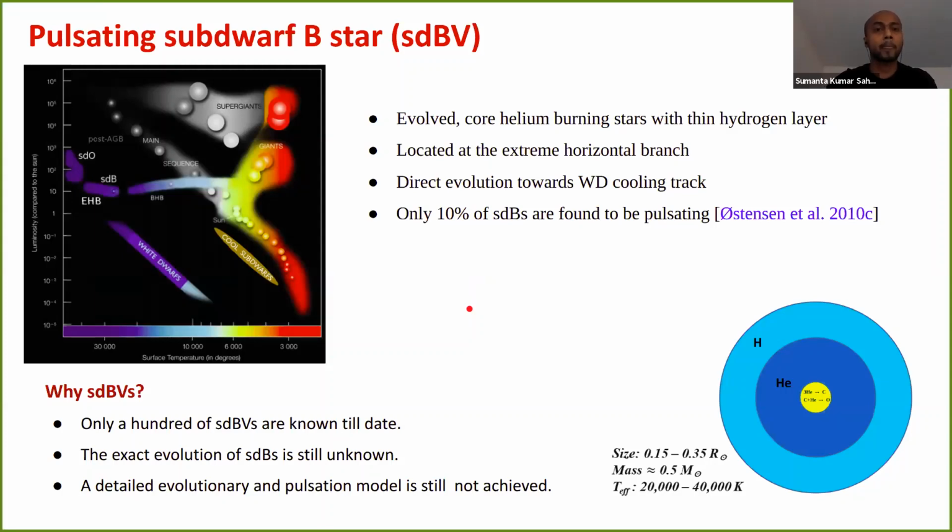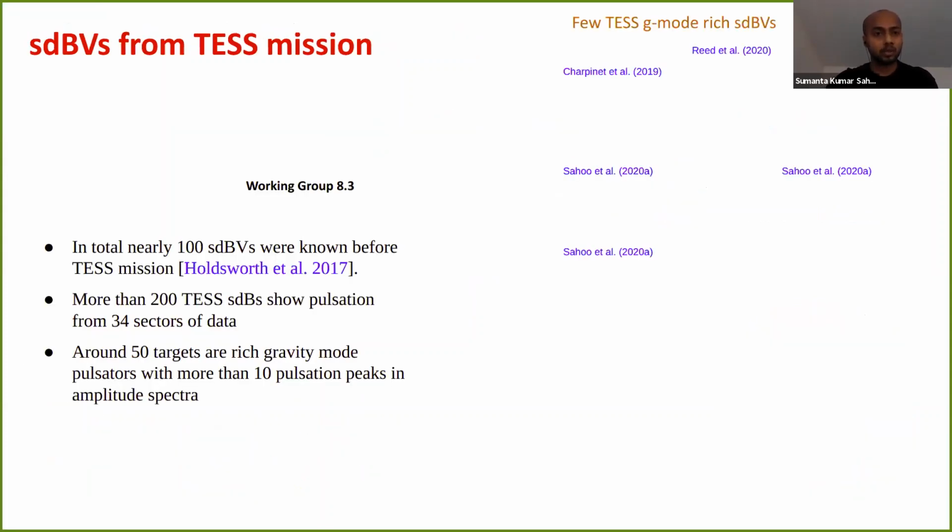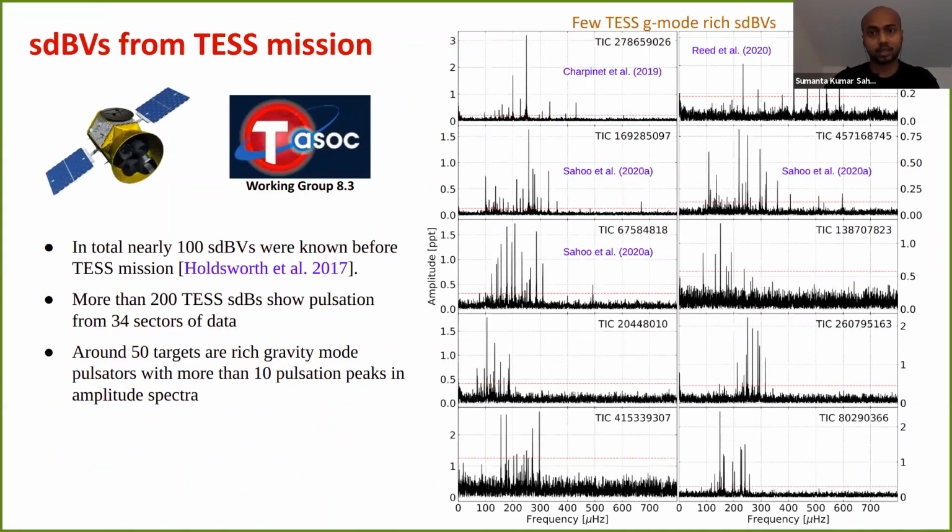As we know, HDB stars pulsate in two modes, either in the gravity mode or the pressure mode. But from ground-based observations, it's quite difficult to get gravity mode pulsations in the light curve.